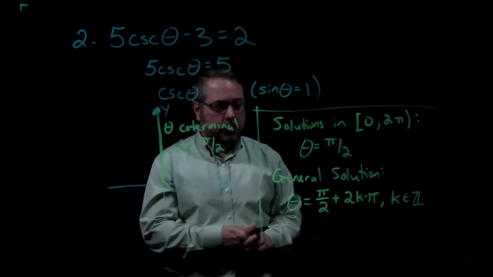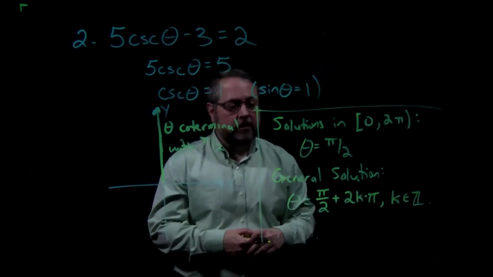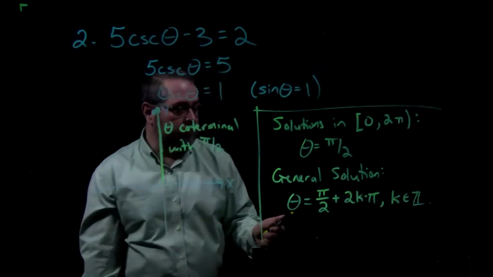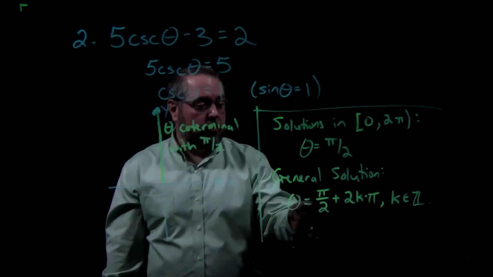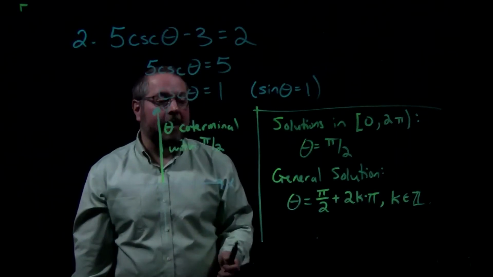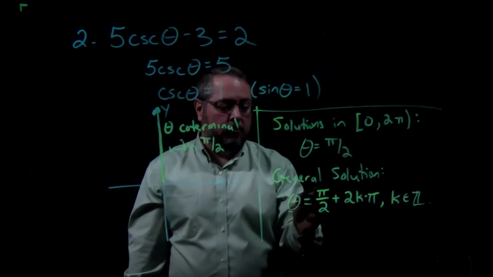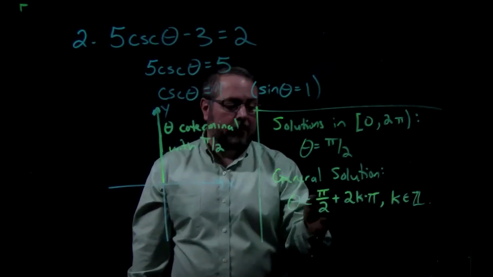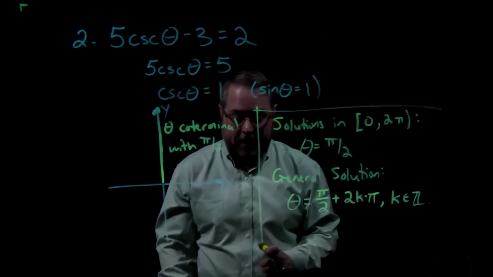So if we take 2 pi times k, or 2k times pi, now we're going to have all of the angles that are coterminal to pi over 2, because these are all going to be the whole number multiples of 2 pi. So the idea being that we can write any angle coterminal with pi over 2 as pi over 2 plus an integer multiple of 2 pi, or 2k times pi.